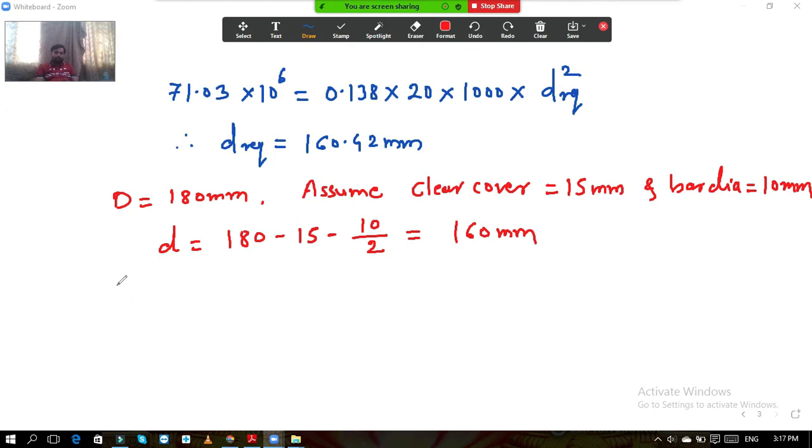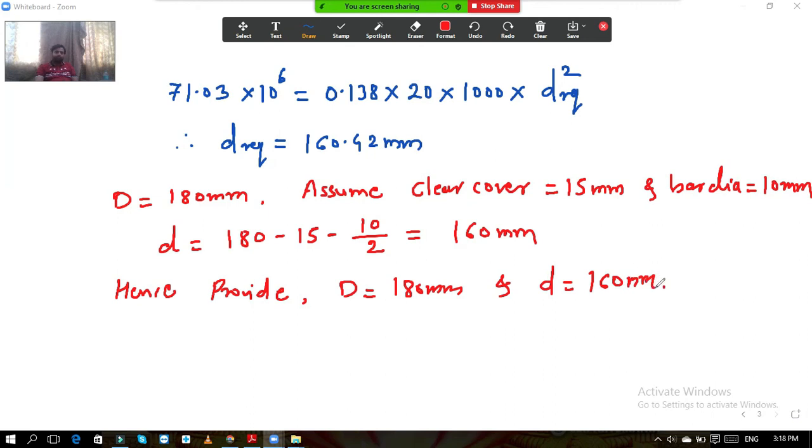So I will write here, hence provide capital D equal to 180 mm and small d equal to 160 mm.